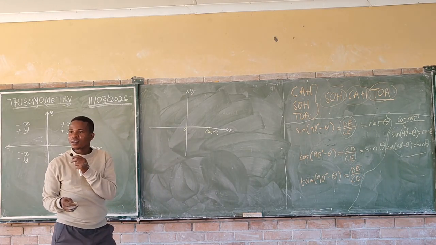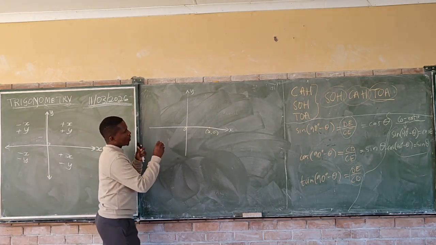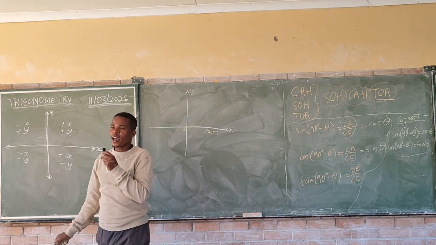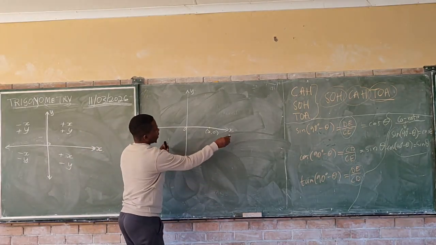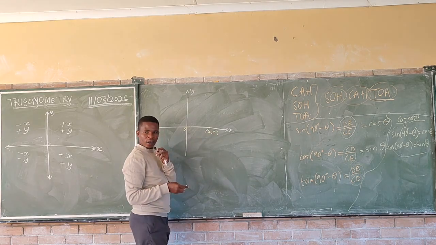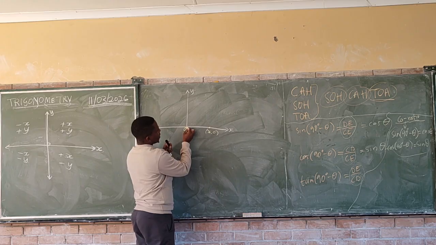Alright. Hey, listen. Because we know that along the x-axis, the y value is what? 0. Is that correct? That's why at this point we have x and 0.